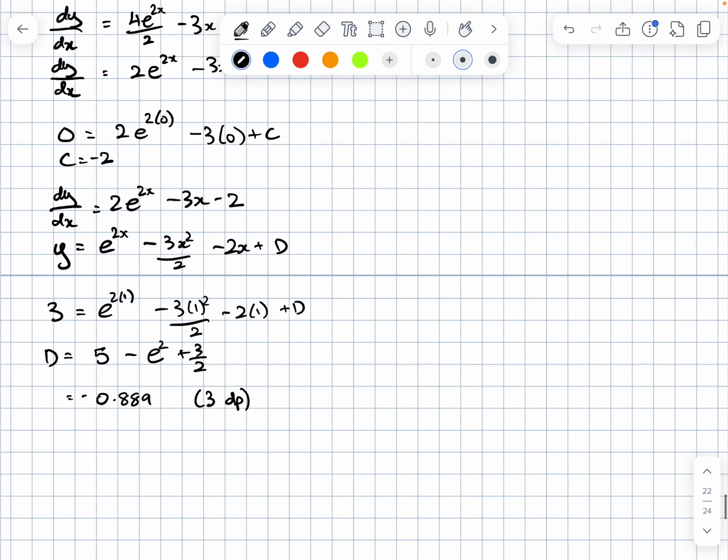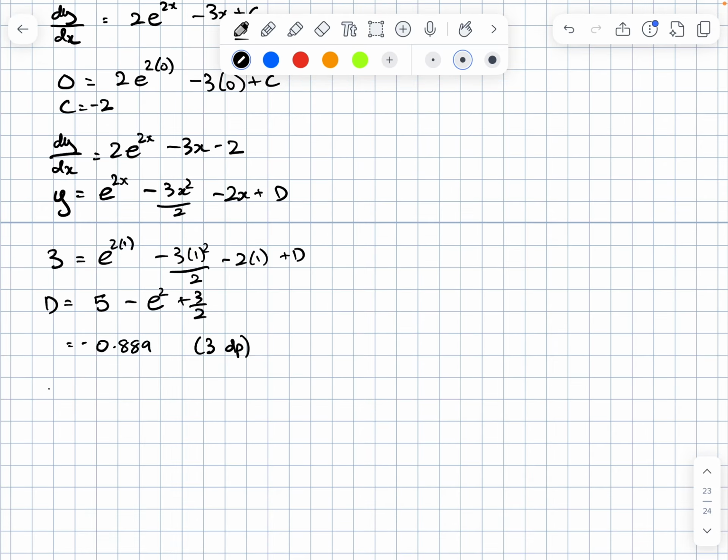And so our final solution to this is y equals e to the power of 2x minus 3x squared over 2 minus 2x minus 0.889. And that is our particular solution.